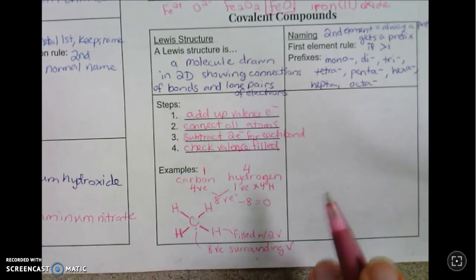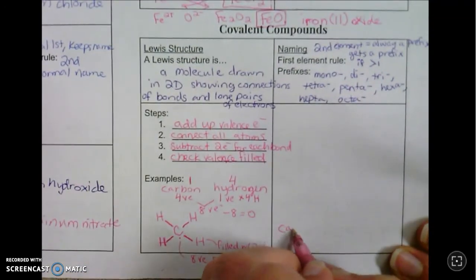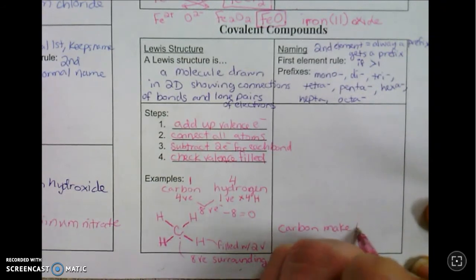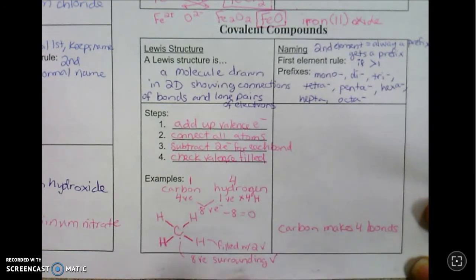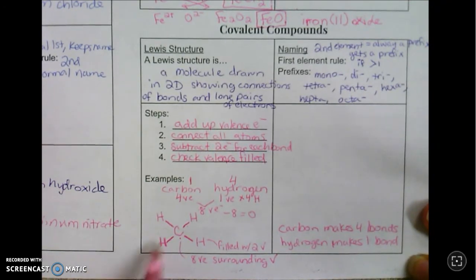So just in general, carbon will make 4 bonds, and hydrogen will make one bond. That's a little shortcut we could have used to get to this structure.